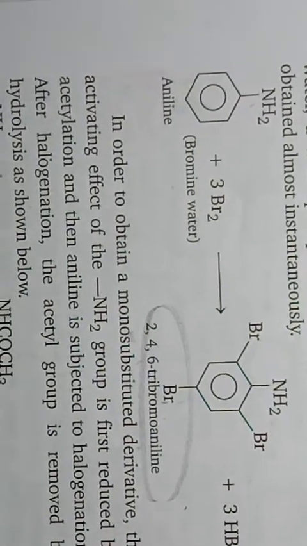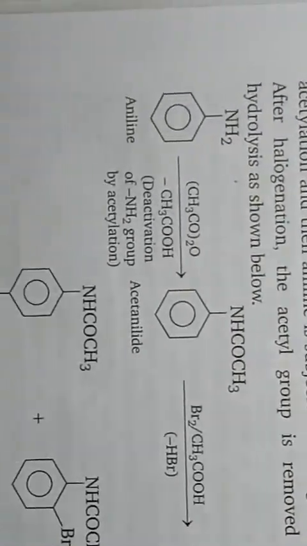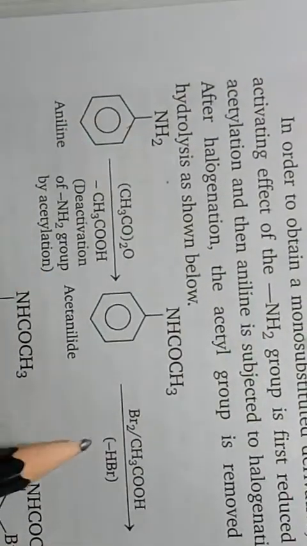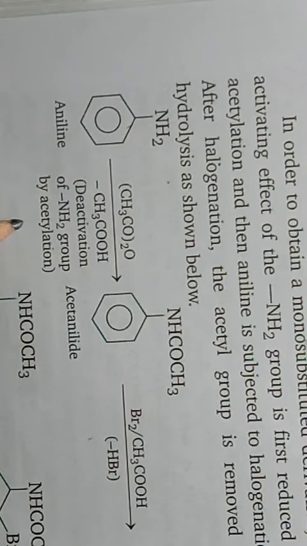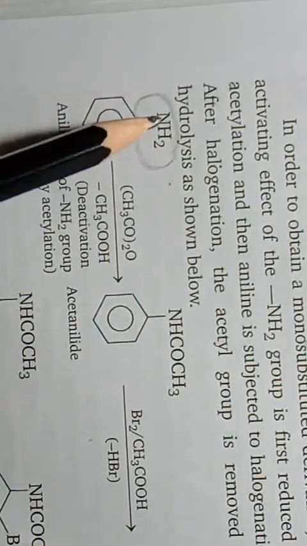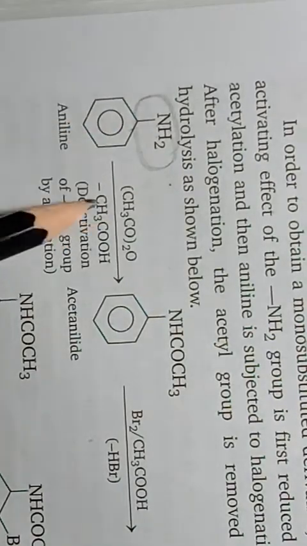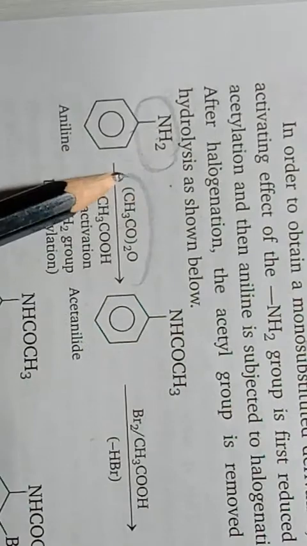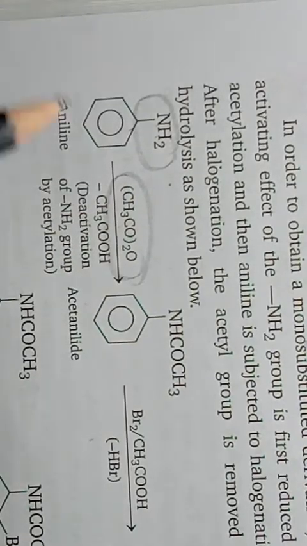Now if we want to get a monosubstituted bromo derivative of aniline, first we have to protect this group. For the protection we will do acetylation of the NH2 group with the help of acetic anhydride.